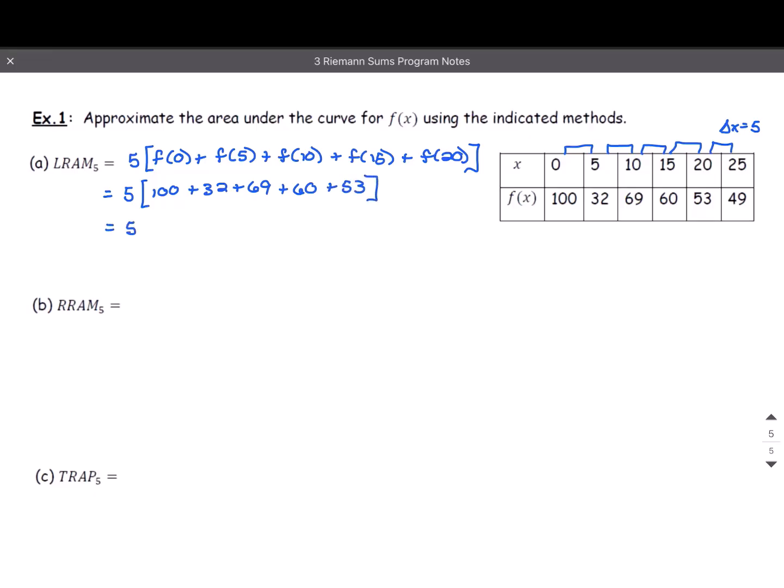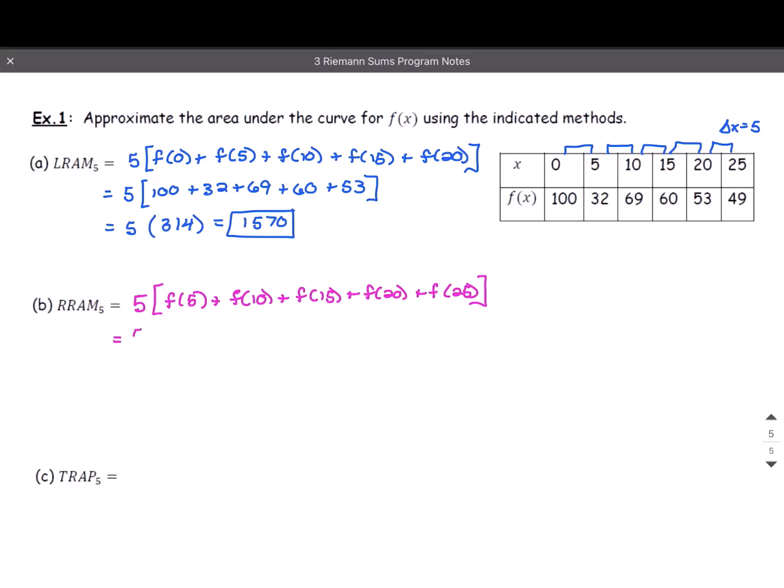So that's going to be 5 times 314, which is 1,570. Now we're going to do an RRAM. So again, the bases are all 5, so I can factor that out. Now we're not going to use the leftmost endpoint 0, but we are going to find f of 5 plus f of 10 plus f of 15 plus f of 20 plus f of 25.